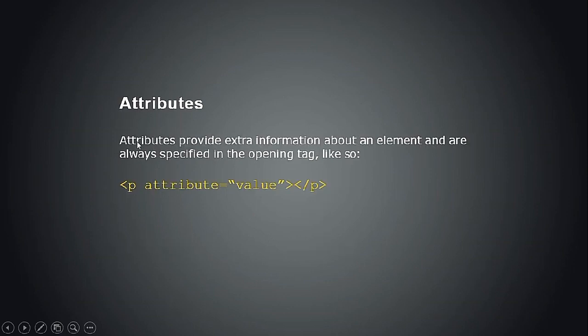Now attributes. Attributes are extra information about the text. Like here we can see that this is the tag P, which means the paragraph tag, and this attribute is the extra information like the height of the paragraph or the width of the paragraph or anything like color, and this is the value for that, like height equals 500 pixels.